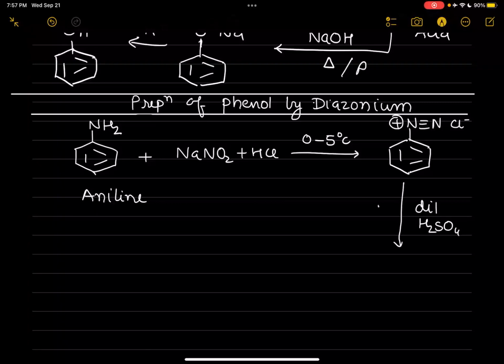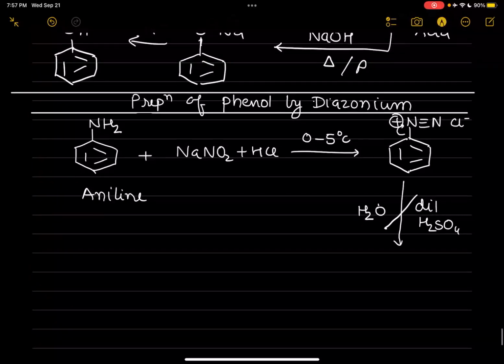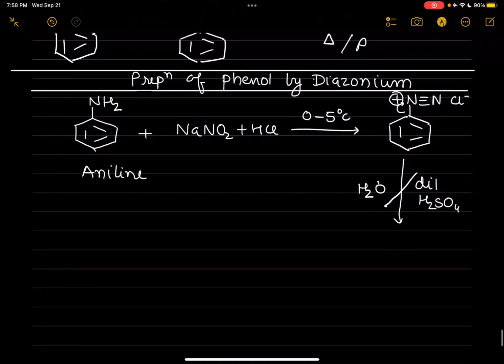Now this is treated with water or dilute H2SO4. This N2 group is a very good leaving group. It will come out and the water will come and join in place of N2. So you will have phenol. Clear?